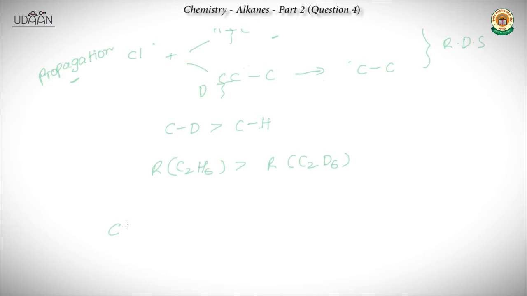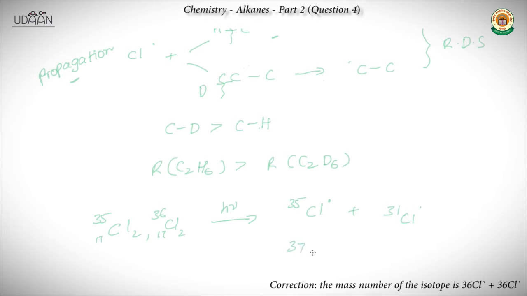The isotopes of chlorine are Cl35, Cl36, Cl37. So, in the first step, you will get Cl free radical 35 and Cl free radical 37.